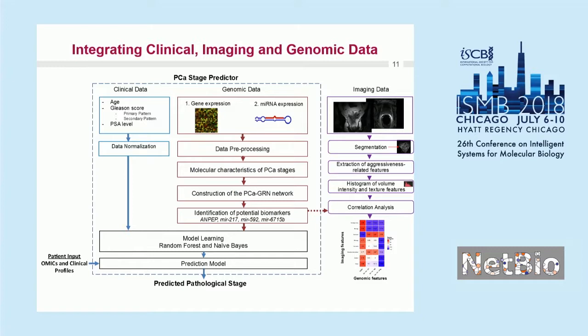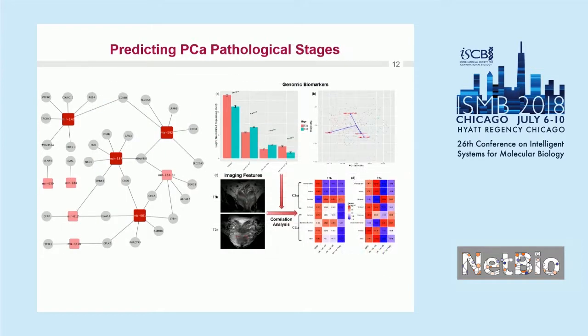Interestingly, we found also that the expression profiles of these biomarkers were highly correlated with the radiographic features extracted from multiparametric MRI images here. This is the GRN of prostate cancer, and this is my last slide, by the way.